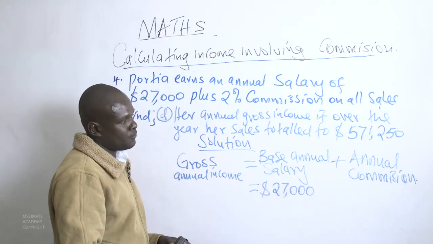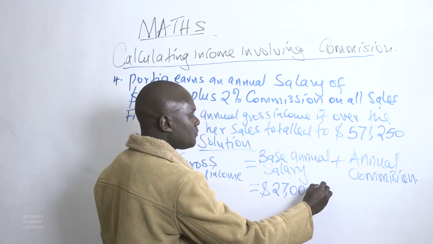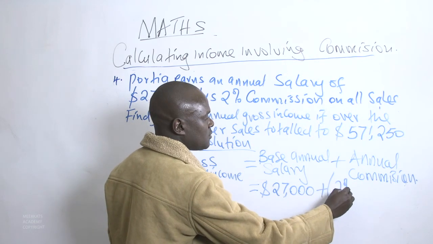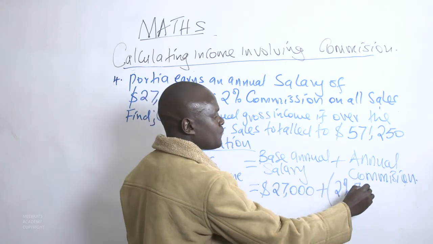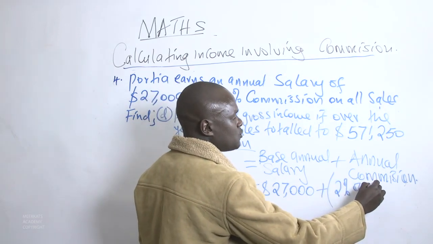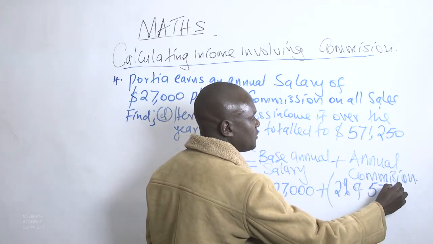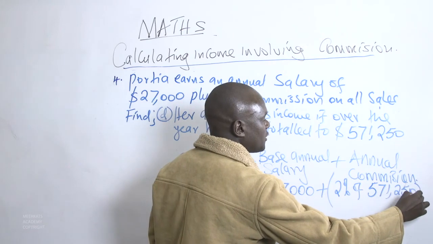This is equal to $27,000. Her annual commission is basically 2% of the total annual sales, which is $571,250.